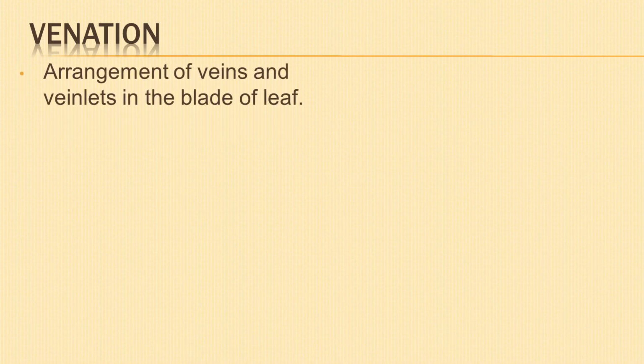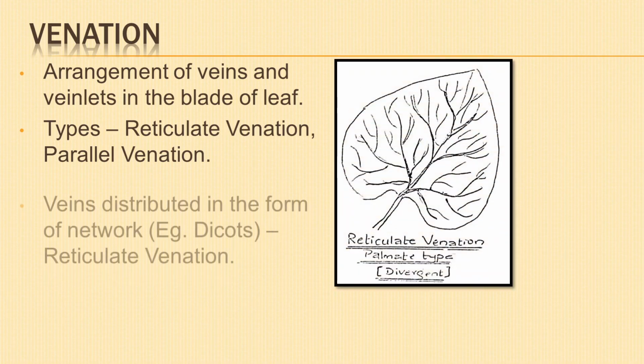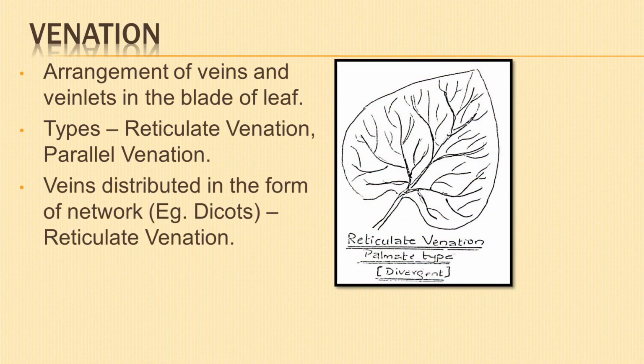Let us study venation in detail. The arrangement of veins and veinlets in the blade of a leaf is called venation. The venation pattern of a leaf is categorized into reticulate venation and parallel venation. When the veins are distributed throughout the lamina forming a network, it is known as reticulate venation.